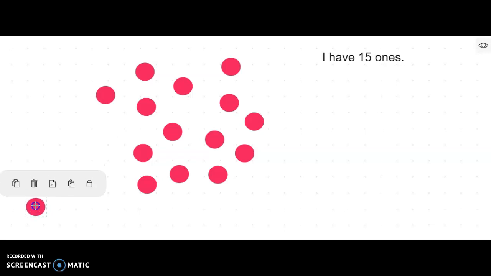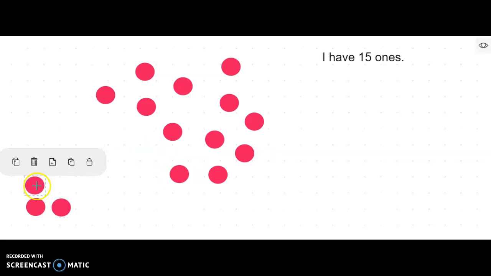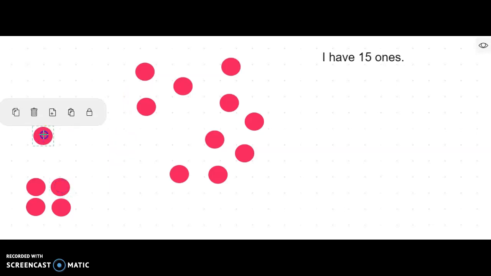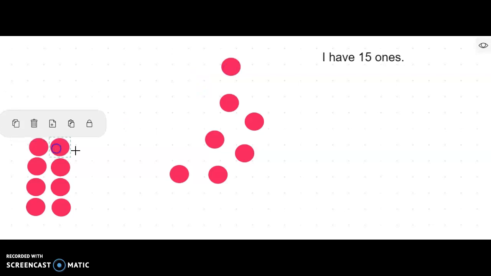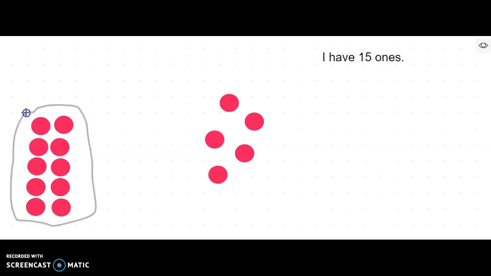Great. 1, 2, 3, 4, 5, 6, 7, 8, 9, 10. And what I'm going to do, like I've done before, is I'm going to circle my 10 and I'm going to label it. I'm going to move my remaining 5 over here too, so they're all kind of in the same place.